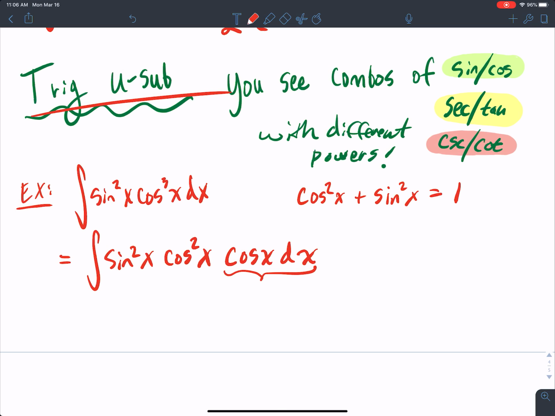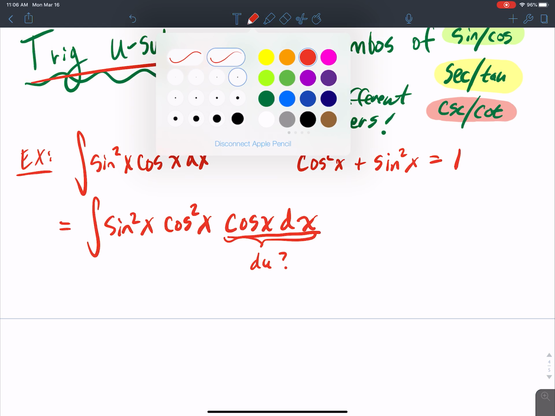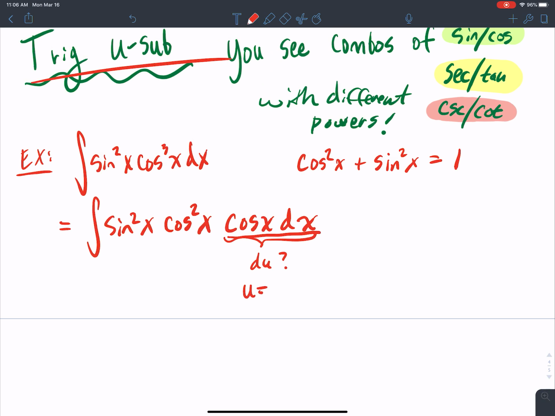So really I'm just looking for my du. How do I get this? Well, I need something that, when I take the derivative, is cosine. So that means sine would be a good candidate for u. du is cosine x dx.